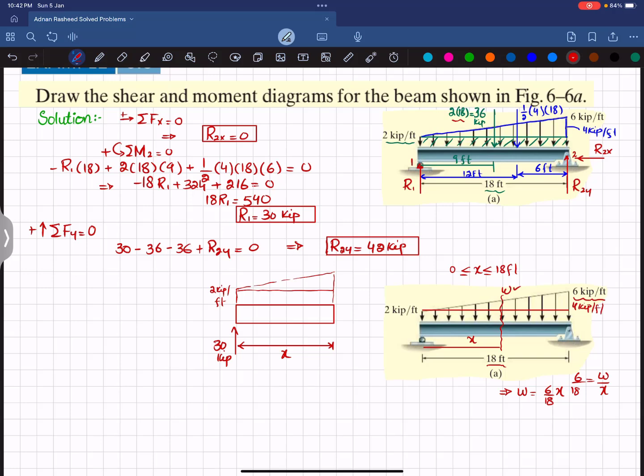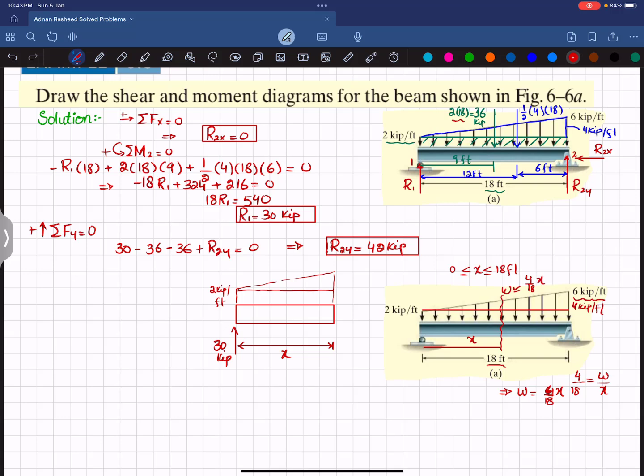So this is 4 feet. This was 4 divided by 18 is equal to W by x. So we will get W equal to 4 by 18 into X.